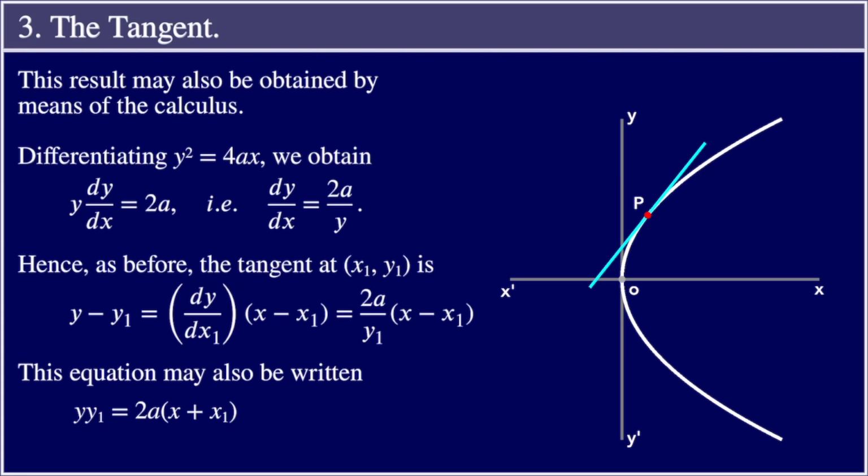Hence, as before, the equation of the tangent at (x sub 1, y sub 1) is y minus y sub 1 equals (dy/dx) sub 1 times the quantity (x minus x sub 1), equals 2a divided by y sub 1 times the quantity (x minus x sub 1). This equation may also be written y y sub 1 equals 2a times the quantity (x plus x sub 1).